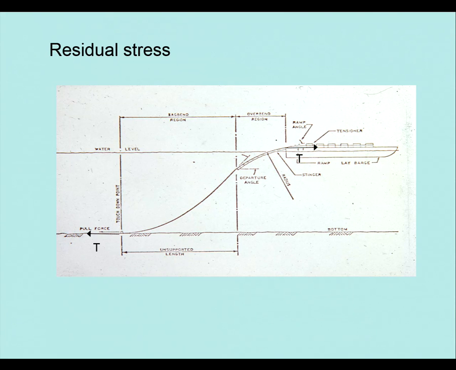Now, if the pipeline's lying on the seabed with air in it, we just forget about what's inside it. But if I now fill this full of product, I'm going to have the mass of the product.